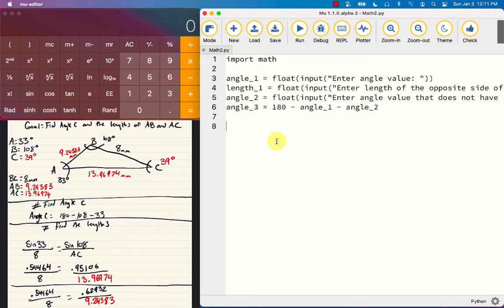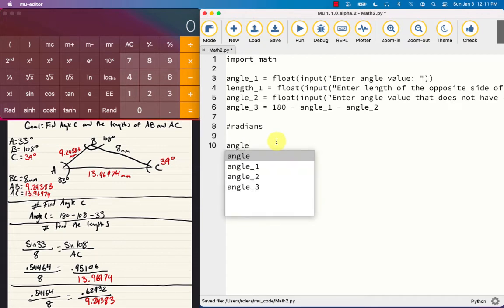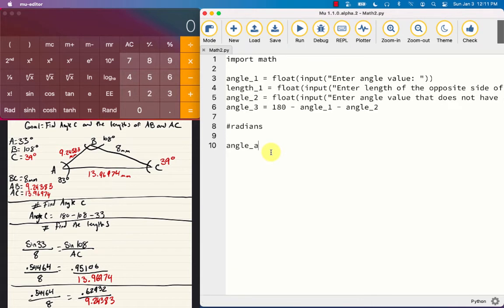I'm just going to write a comment, radians, and say angle A. I'll just have ABC correspond with 1, 2, 3. So just remember ABC, easy as 1, 2, 3. Do, re, mi.